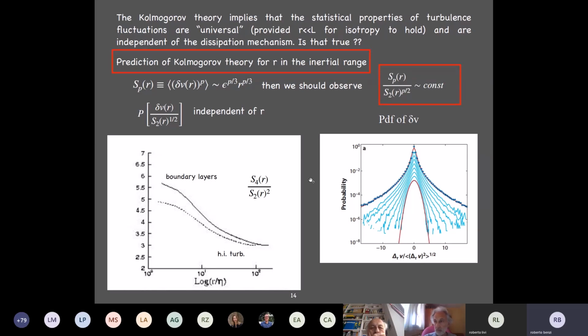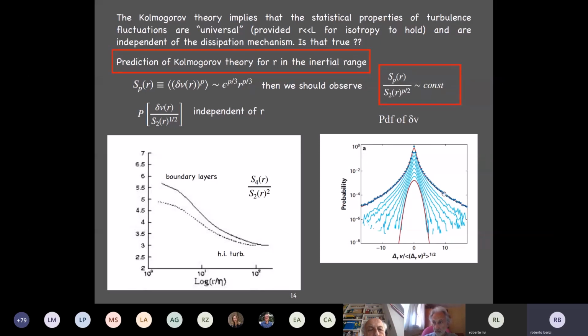So this is from very large scale, with a Gaussian-like shape, to very small scale, and you see that the probability distribution changes. And this is the ratio of the fourth-order moment of the velocity difference with respect to the second moment squared.